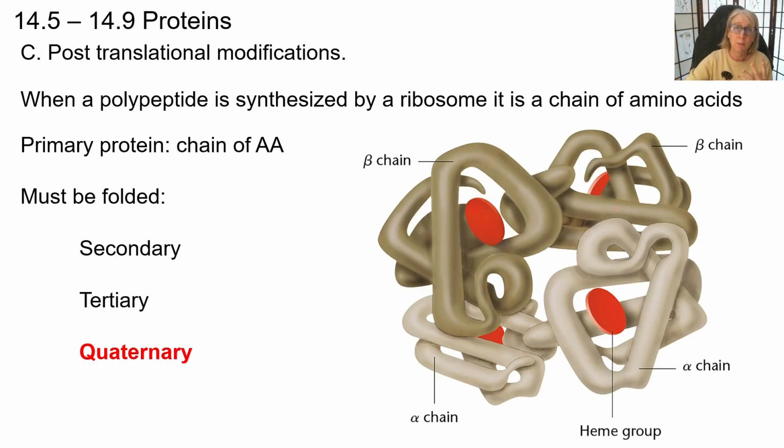Each one of these, the beta chain, the alpha chain, is individually folded into a tertiary structure and then assembled into the 4th level of protein folding, quaternary, level 4 structure, where multiple polypeptides form together to make one functioning structure.